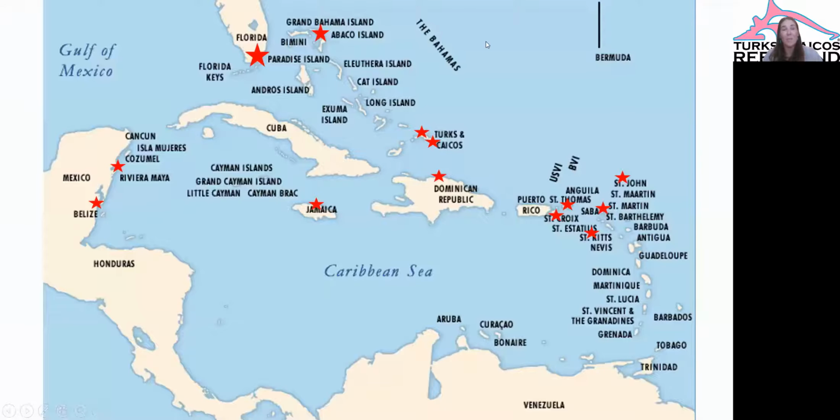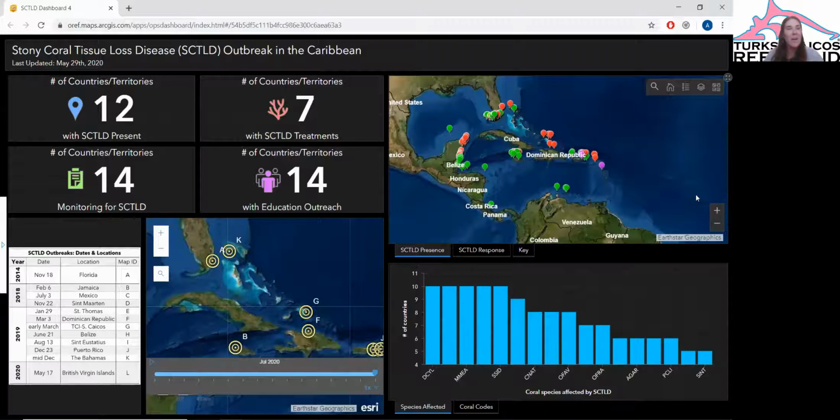In the meantime, we are seeing it now spread all over the Caribbean region. Here, I have just pulled up that amazing AGRRA data dashboard that I mentioned, and I just wanted to show you how phenomenal this resource really is, and also give a chronology as to when different islands in the region began to observe SCTLD.